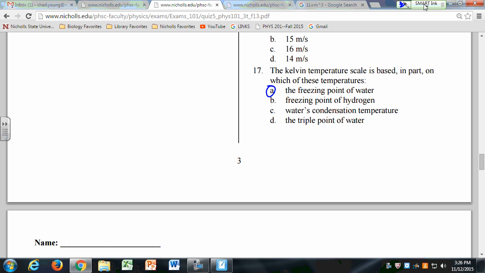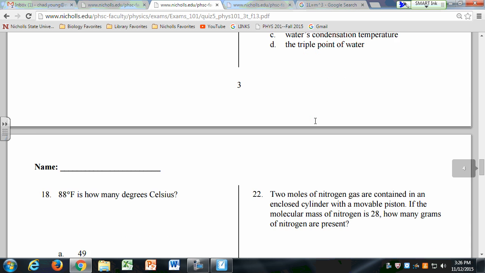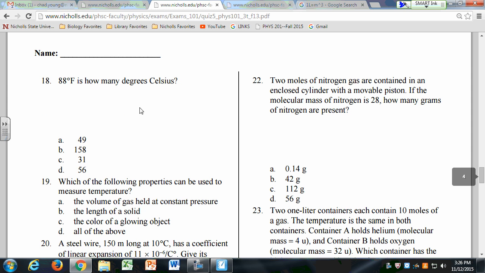Or if it was Fahrenheit, it would also be A. Boiling point's not on there. 88 degrees Fahrenheit is how many degrees Celsius of these four? Without calculating it, just look at the numbers. 31, right. 22 degrees Celsius is room temperature, and a little hotter than that is about 30 degrees Celsius.